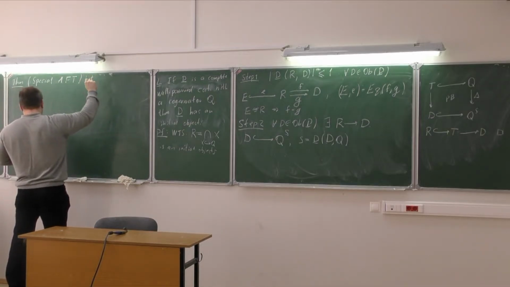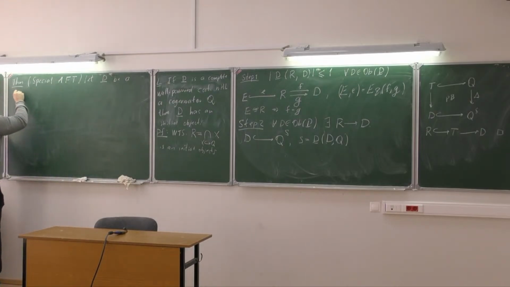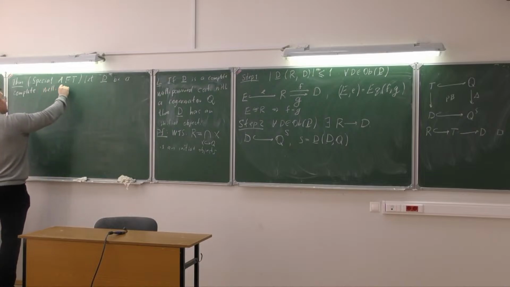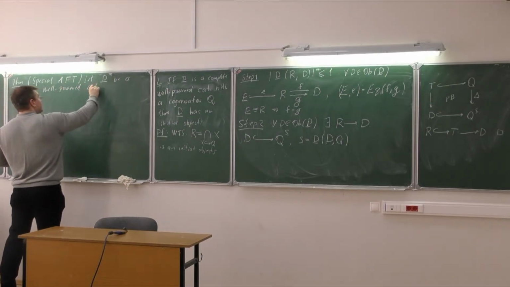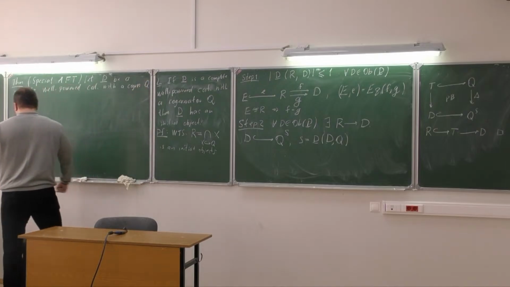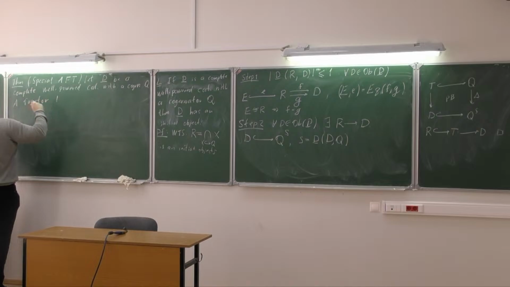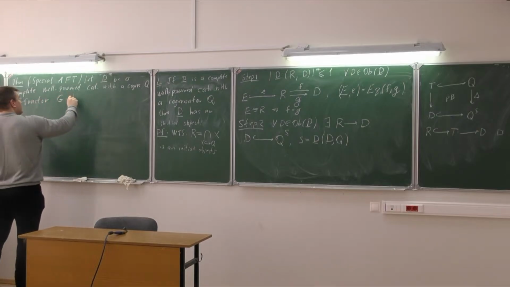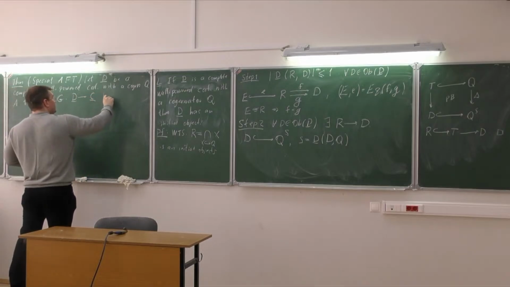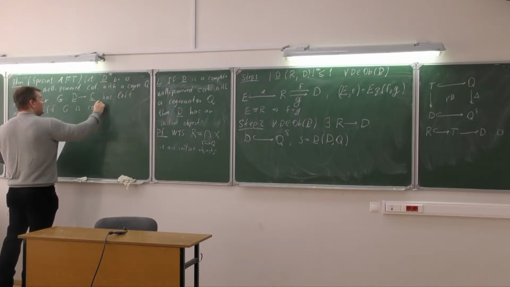Let D be a complete, well-powered category with a cogenerator Q. Then a functor, I'm going to call this G, from D to C has a left adjoint if and only if G is continuous.